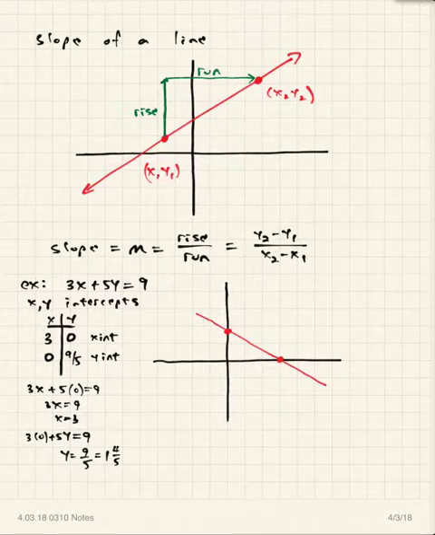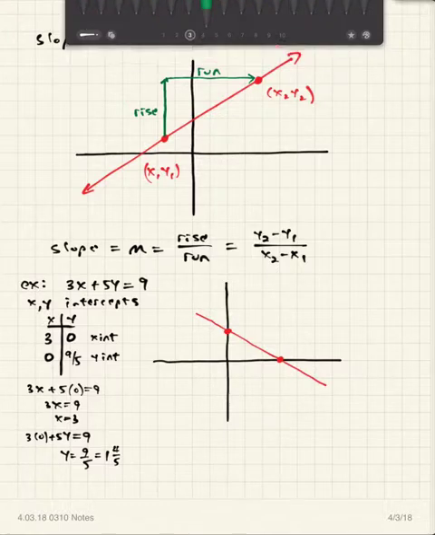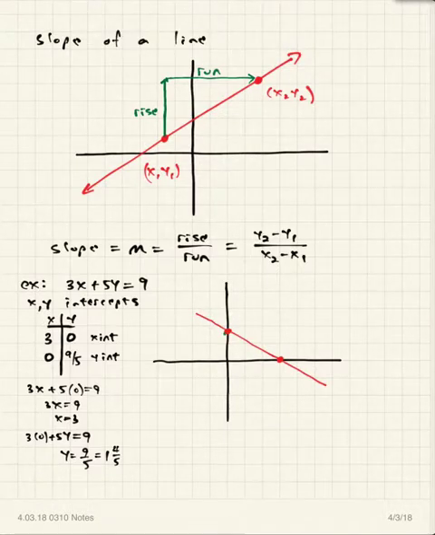And if we were looking at the slope of this line, one way we could look at it is to use those 2 intercepts and look at the rise and the run. The rise, in this case, is down, and it's down how far? 9/5, right?